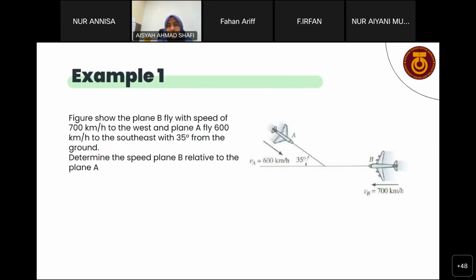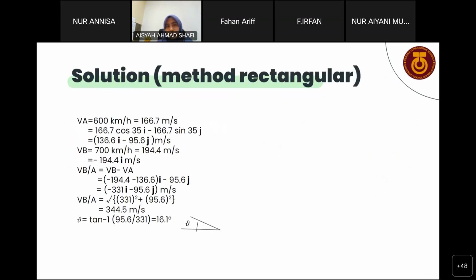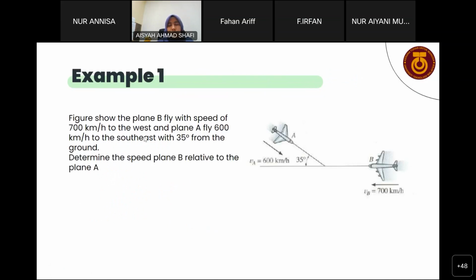From this, we have VA equal to 600 kilometer per hour and VB is 700 kilometer per hour. This one is changed from kilometer per hour to meter per second, and for VA, we have the degree there, so we have 35 degree.